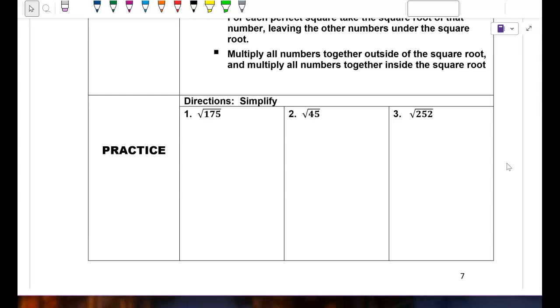Is 175 a perfect square that we just listed in our list above? No, so we know it's not a perfect square. So now the goal is to see, can we find some perfect squares within the factors of 175? So if I start a factor tree for 175, I'm looking for 2 numbers that I can multiply together to make that.